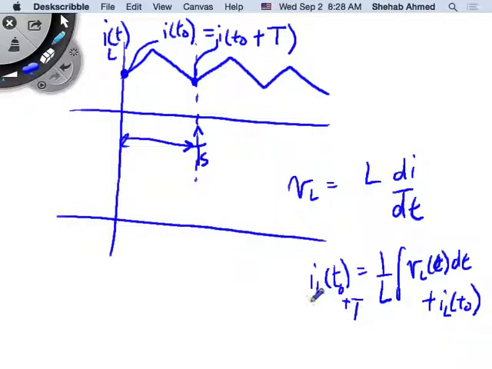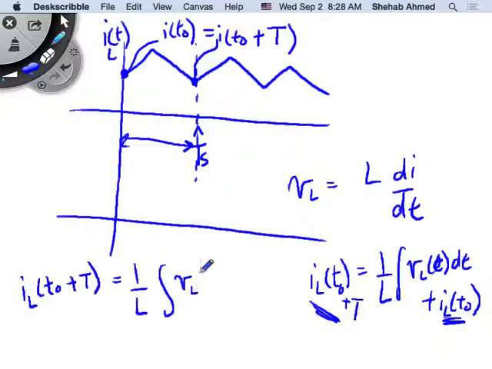What do I know about this and this? Let me rewrite it. IL of t0 plus capital T is equal to 1 over L integration of VL of t dt plus IL of t0. So what do I know about this and this? This is IL of t0, and this is IL of t0 plus T. They're the same, right?